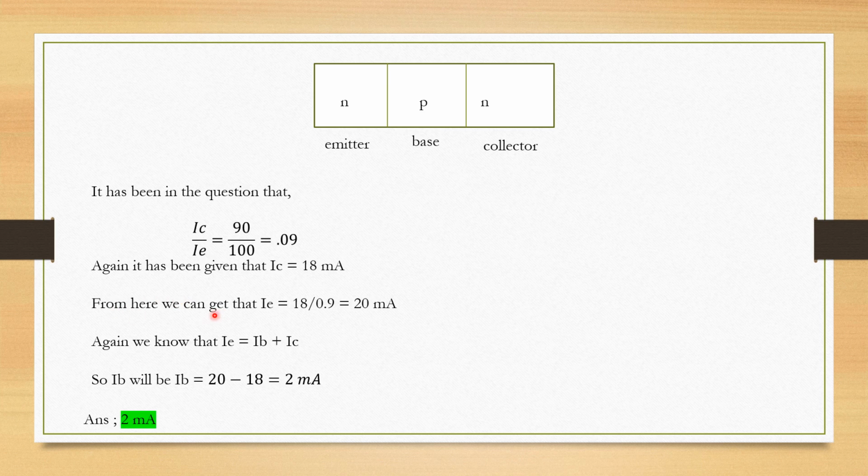So from here we get IE is equal to 18 by 0.9, that is equal to 20 milliampere. Again we know that IE is equal to IB plus IC. So IB will be 20 minus 18, that is equal to 2 milliampere. So our answer will be 2 milliampere.